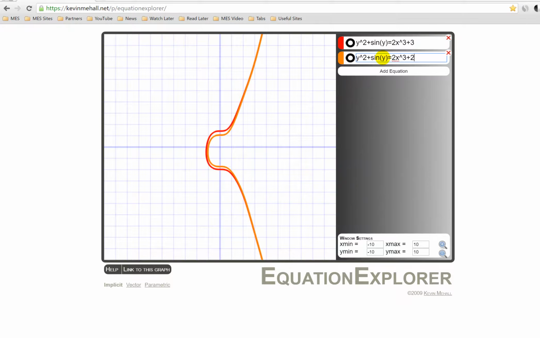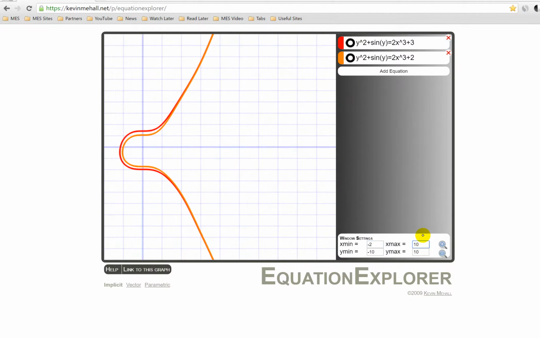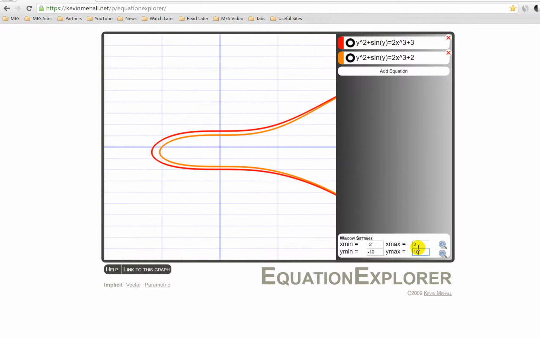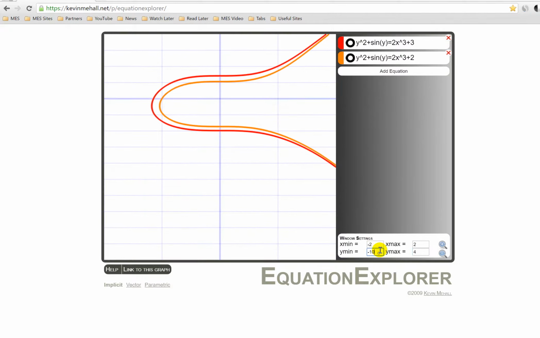You can change this to 2, and this one too. It shows some cool stuff you can do with this calculator: graph any type of implicit equation like that.